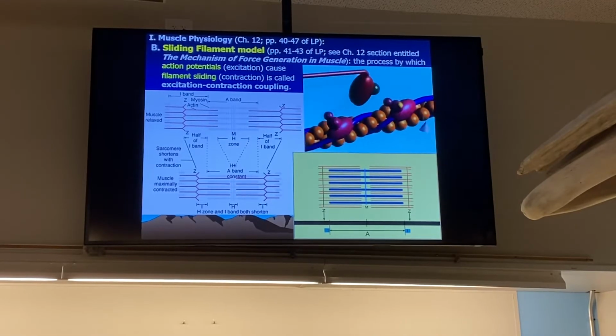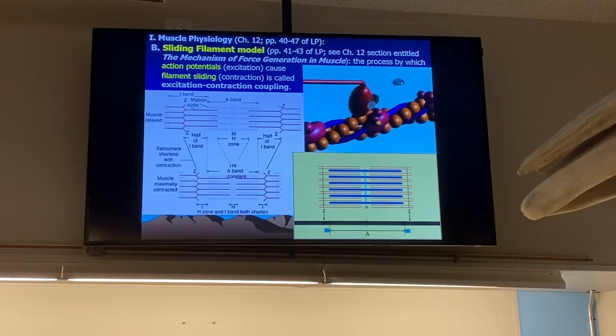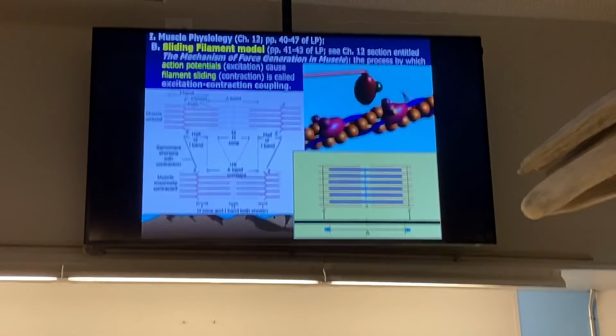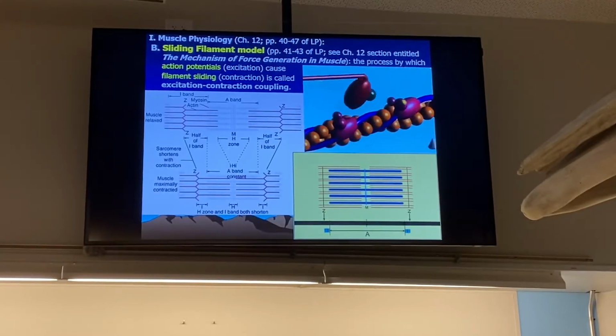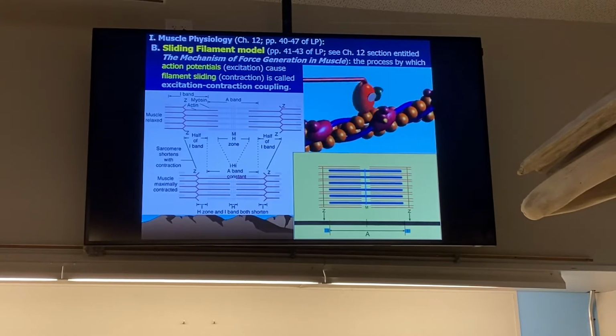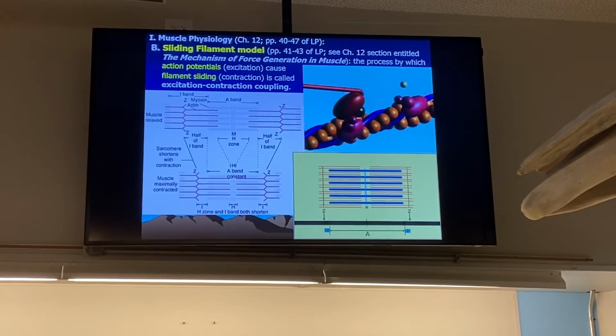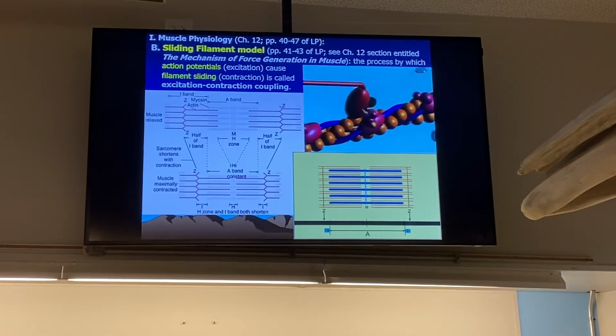Right. So, when the muscle does isotonic contraction, the length of the thick filaments doesn't change, so the A band doesn't change. What disappears is the I band and the H zone. Do you see that in that picture? Yeah. You better know that. A band stays the same, I band and H zone disappear.